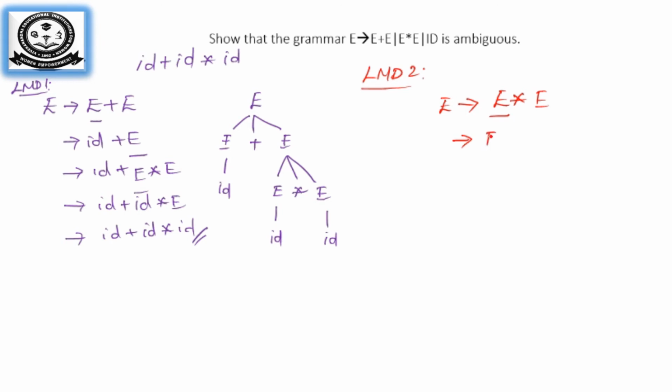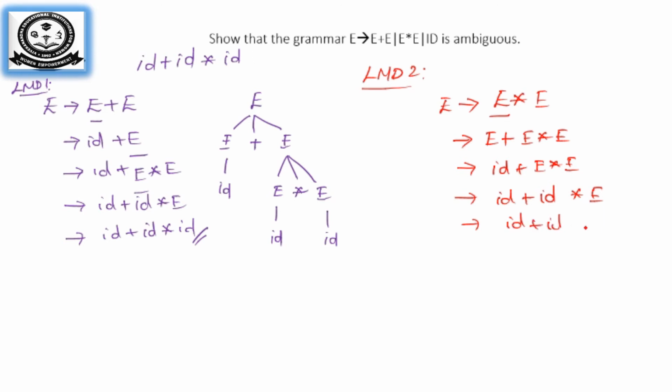It can be replaced with E plus E star E. So this will be ID plus E star E, and this will be ID plus ID star E. Then finally you will have ID plus ID star ID.